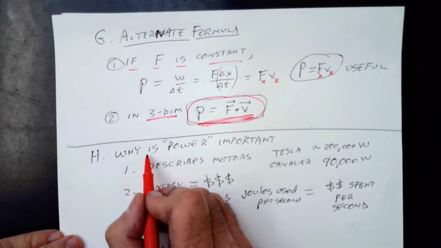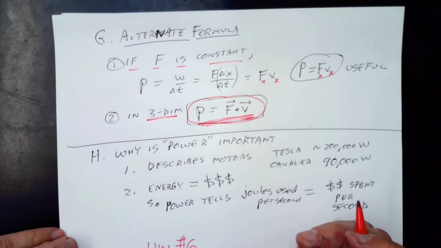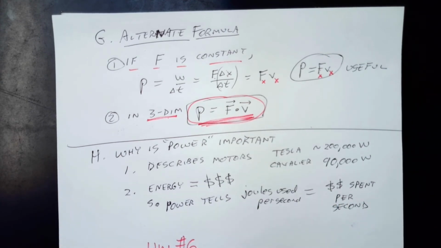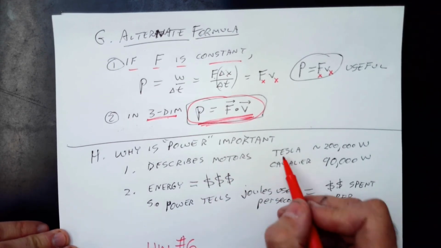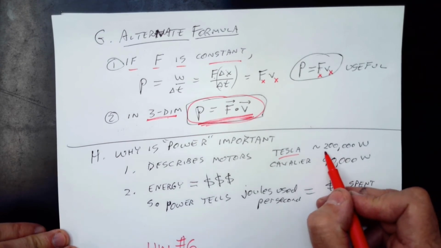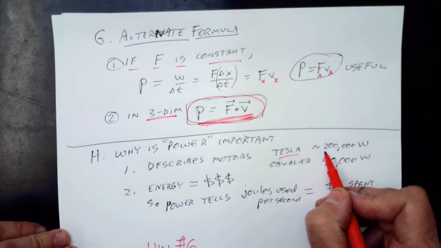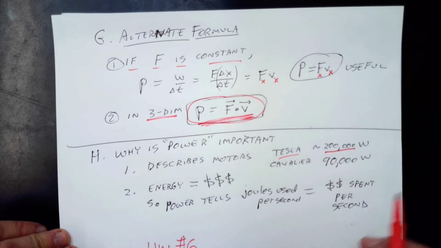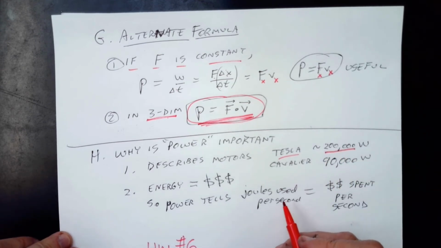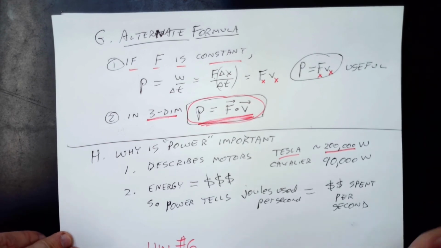All right, in case you care, power is one of the more important quantities we deal with, in the sense that you can immediately grasp why it's important. First, it describes motors. For instance, my wife's Tesla has a dual motor long range. That means it has an electric motor on each axle, and its total power production is 200,000 watts. That means it theoretically can produce 200,000 joules of energy every second.